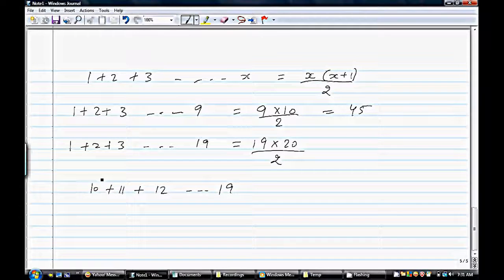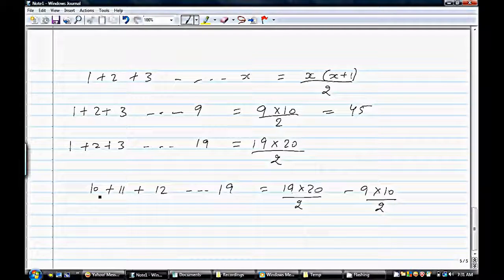First I have to add numbers from 1 to 19, that will be 19 into 20 divided by 2, and then I have to subtract numbers from 1 to 9, that will be 9 into 10 divided by 2.